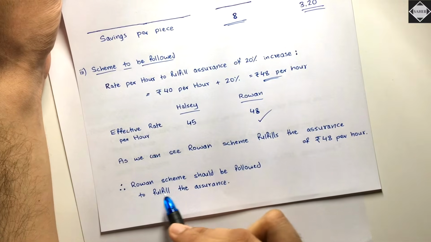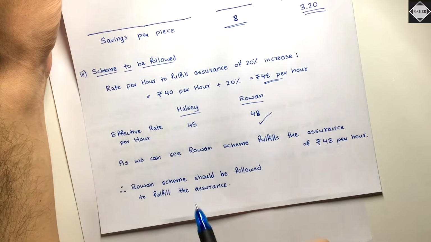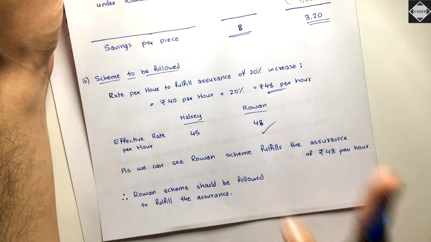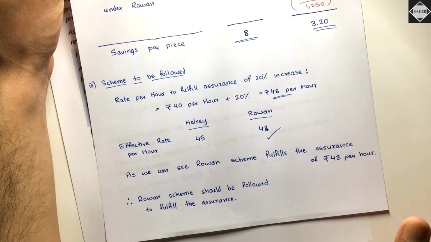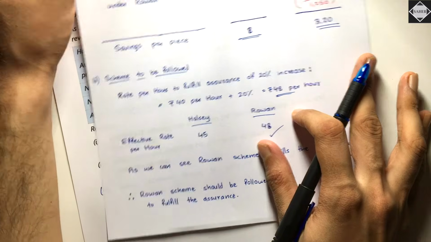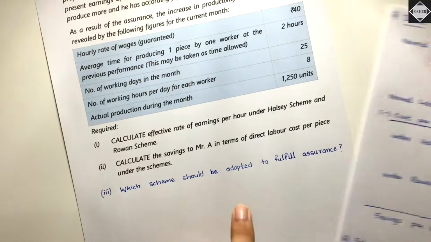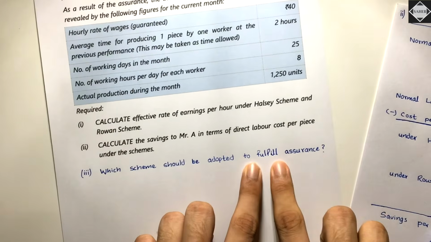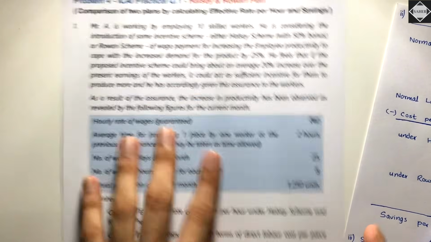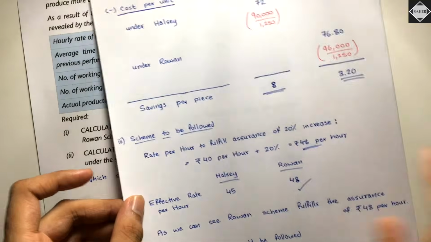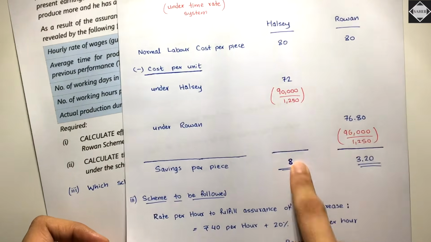Therefore, the Rowan scheme should be followed to fulfill the assurance. The assurance is important in this requirement, that 20% increase. Just because of that, we are selecting Rowan. Otherwise, if the assurance part was not there in the requirement, then our answer should be Halsey, because saving is more in Halsey.